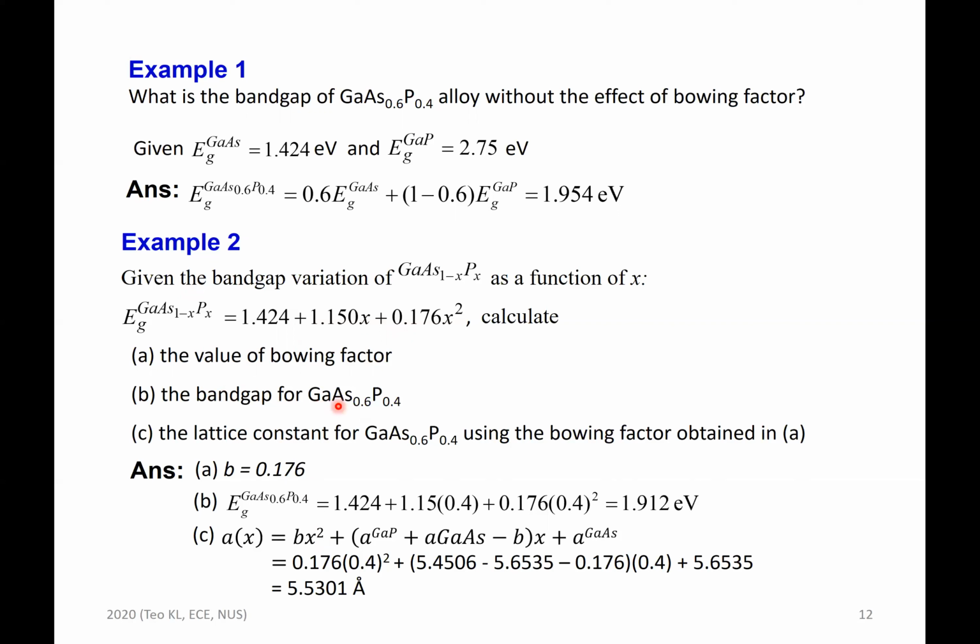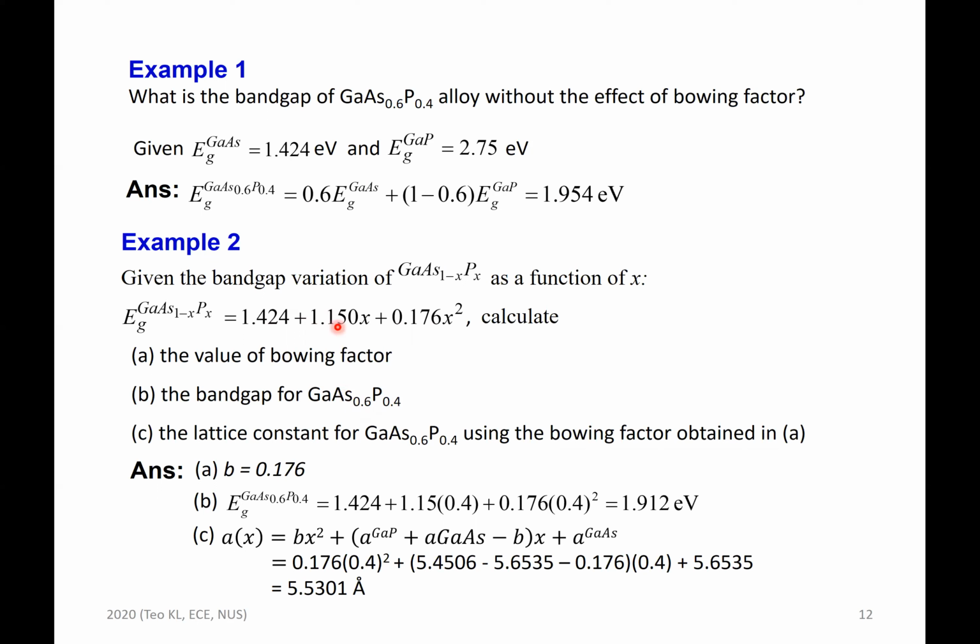What is the band gap of the gallium arsenide phosphide? With arsenic 0.6, phosphorus 0.4. Okay, 40% of the arsenic is replaced by phosphorus. So basically, you need to plug the x value into this equation.